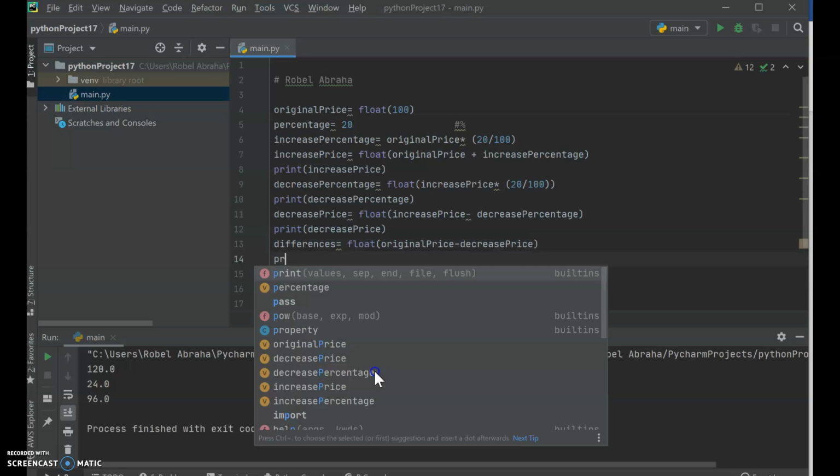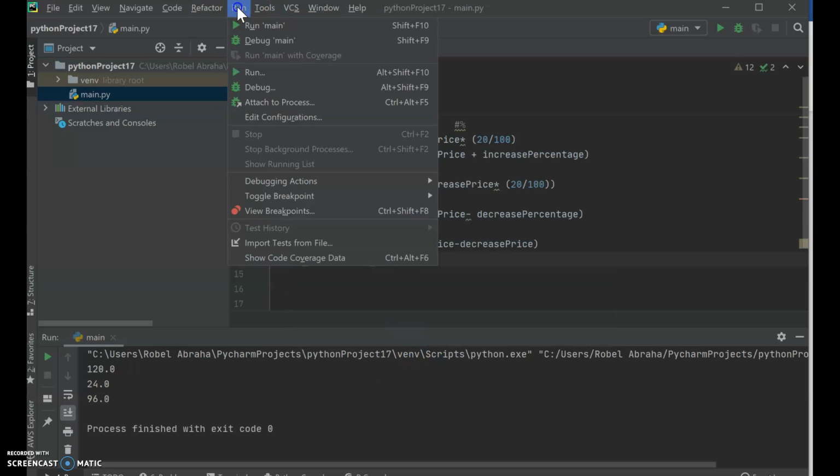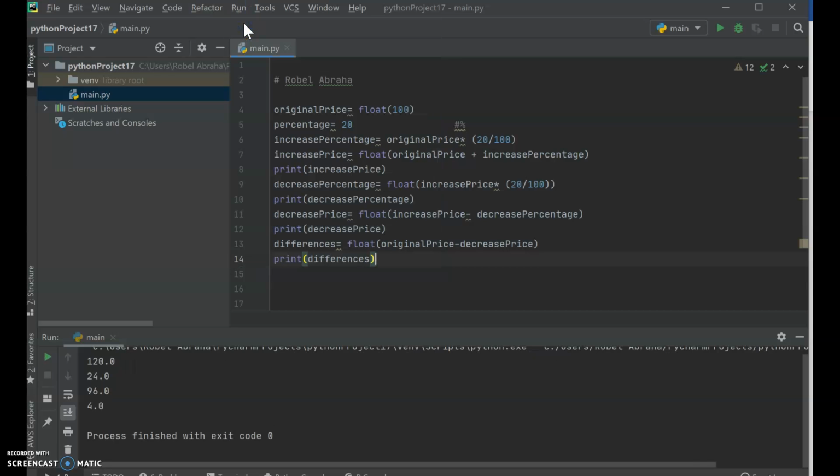So if we print this one, difference, it should be 4. Okay, 4.